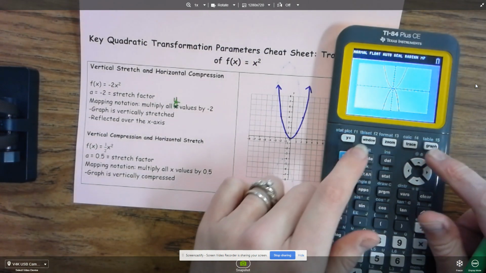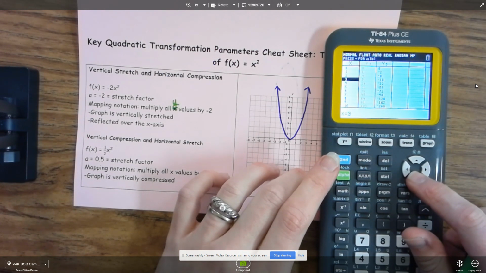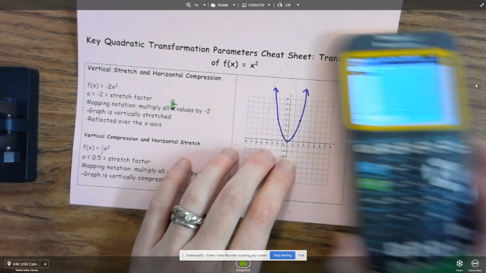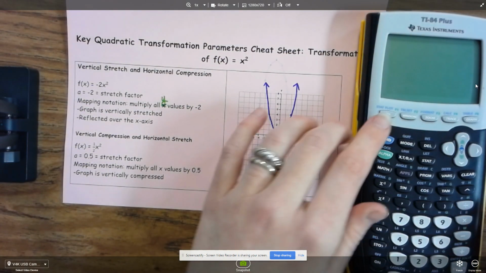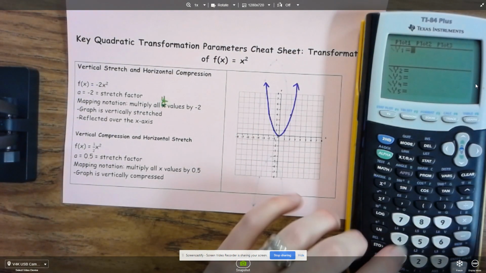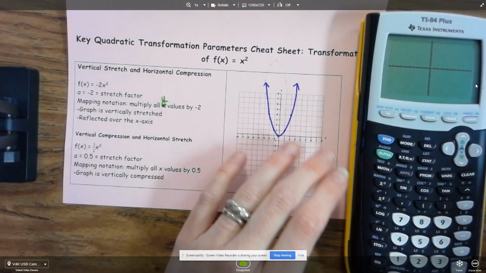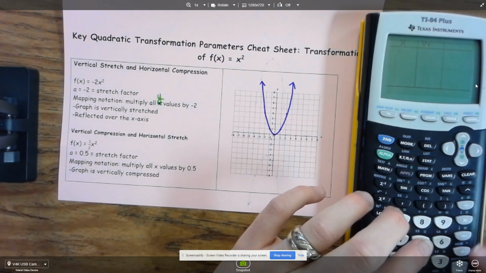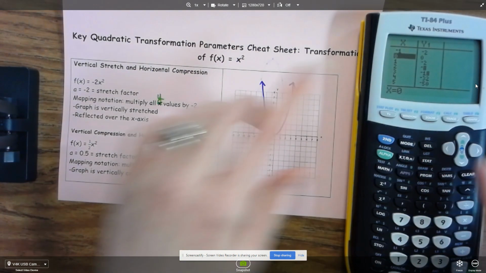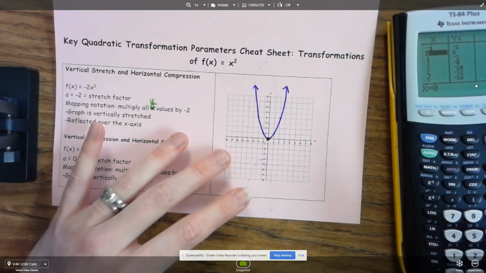A way that you can graph this and get points is to go to your table and grab points off the table. They show up better on this one. So we had negative 2x squared, second table. Here we still have 0, 0, so we're still going to have a point there at 0, 0.